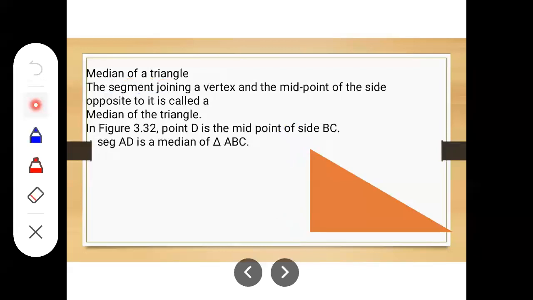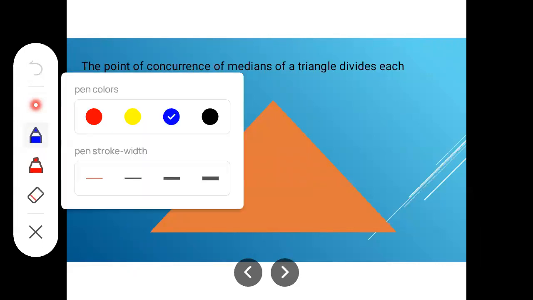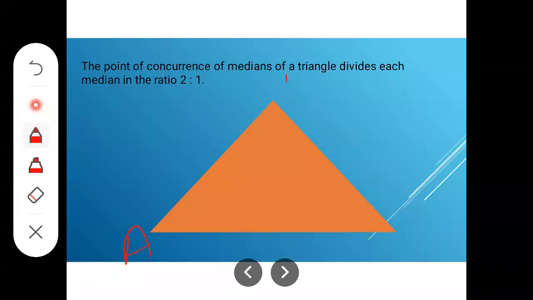For any triangle, you can draw a median. Okay. Now the next point: you can see a triangle in the slide. I label this triangle also as triangle ABC and draw the medians for that triangle.